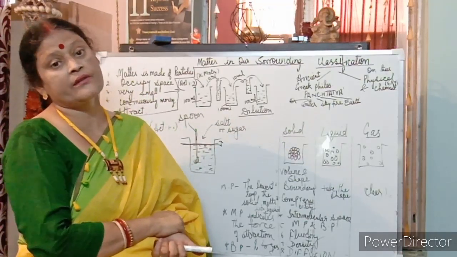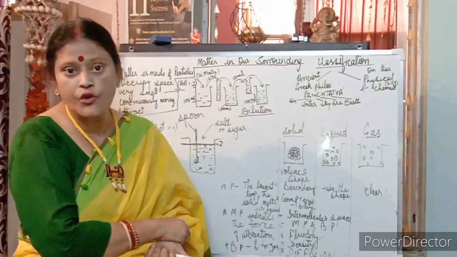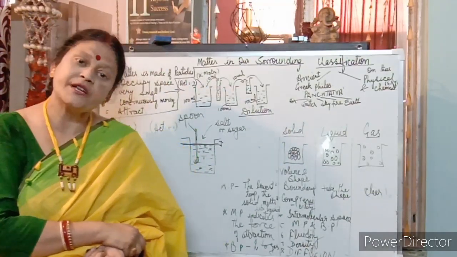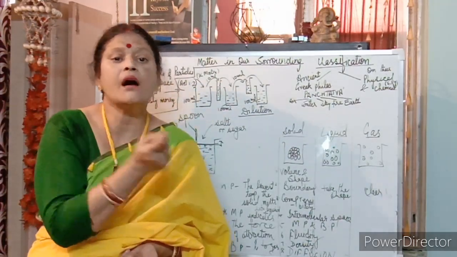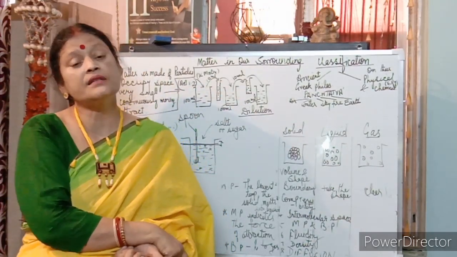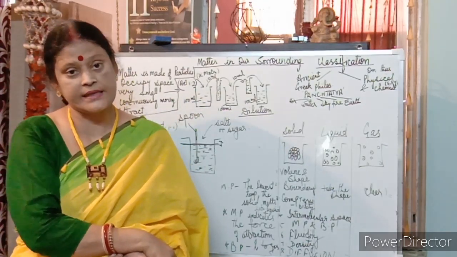That is why the color fades away. Clear? This proves that matter is made up of particles which are very, very small, beyond our imagination. We can't even imagine them, and can't see them with our naked eyes.